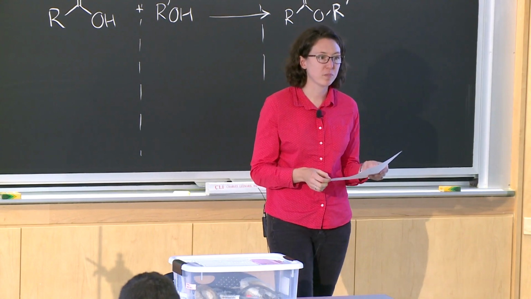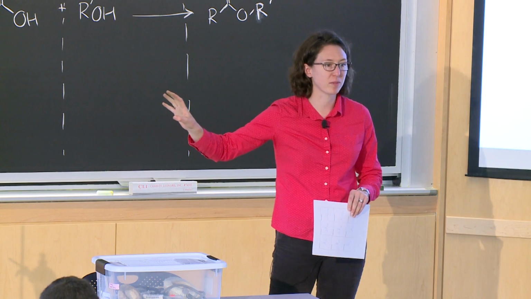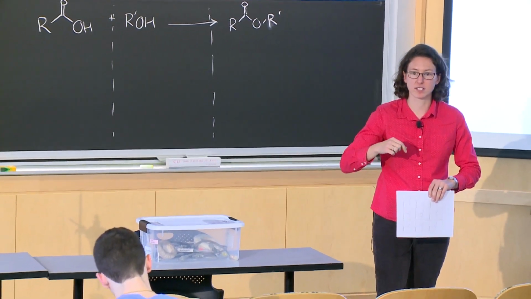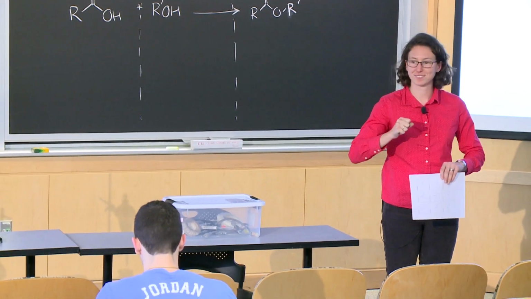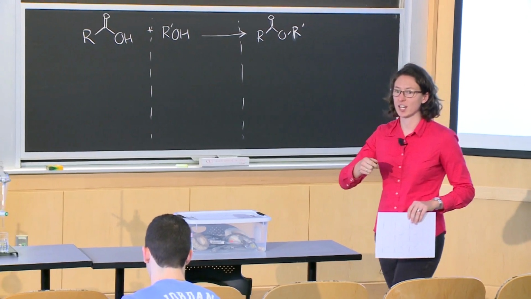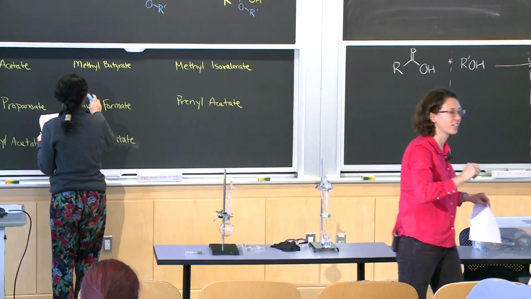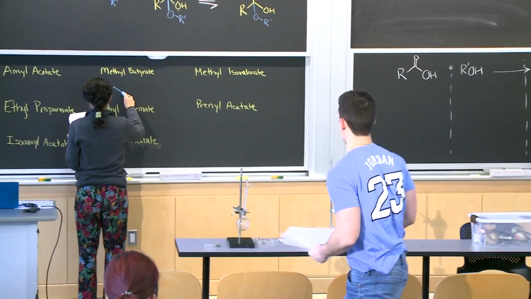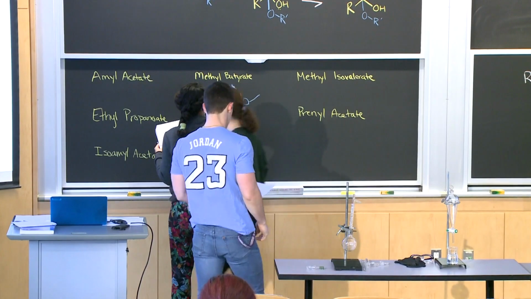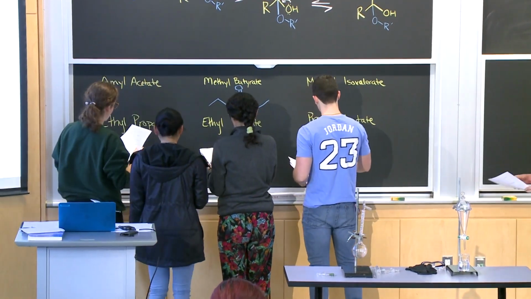All right, can I get a few people to come help draw some of these on the board? If you have drawn some of these on your paper, go for it. I'm going to need a few other people or else this is going to take forever. Excellent. Wonderful. Anyone from the back want to come down? Go for it. Thank you. Don't worry if it's wrong. If you want to draw more than one, go for it.